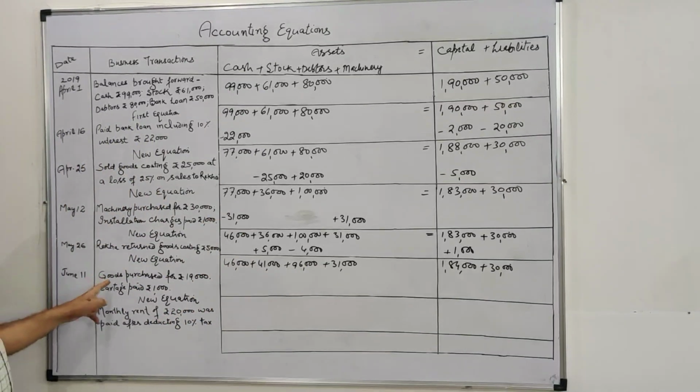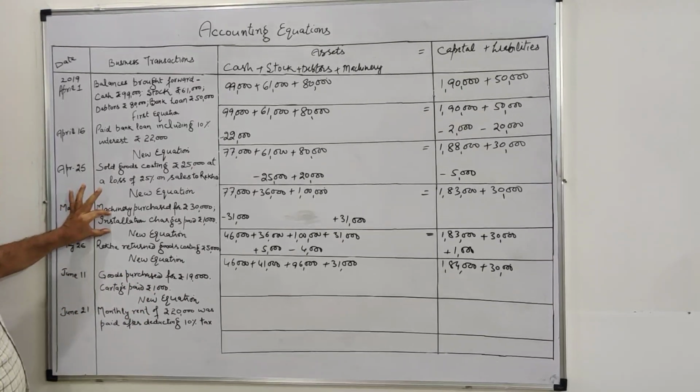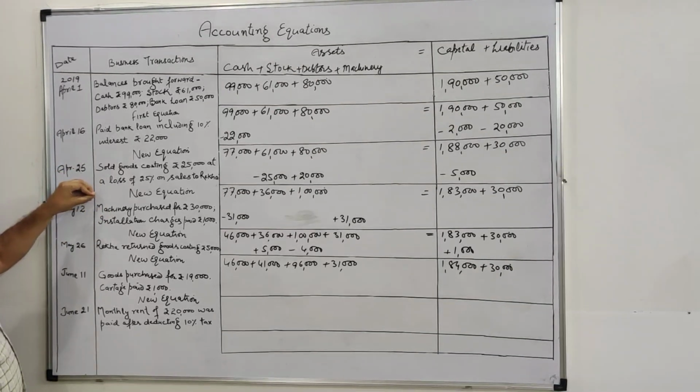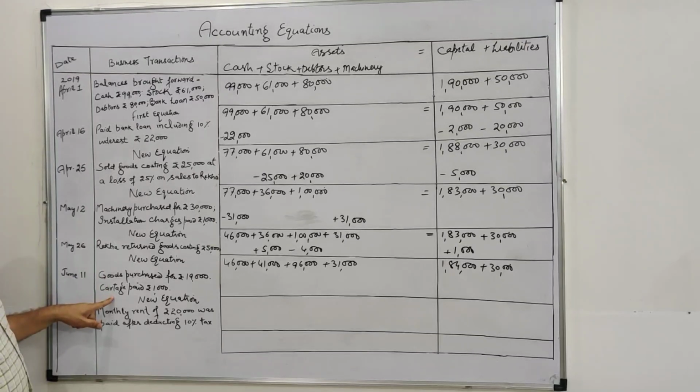Next point, goods purchased for rupees 19,000. Cartage is paid rupees 1,000. When any expense is incurred at the time of purchasing the fixed asset, that is included in the cost. But when goods are purchased, it is not included in the cost.